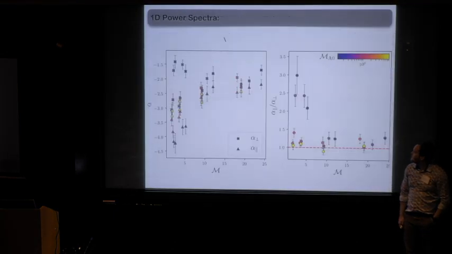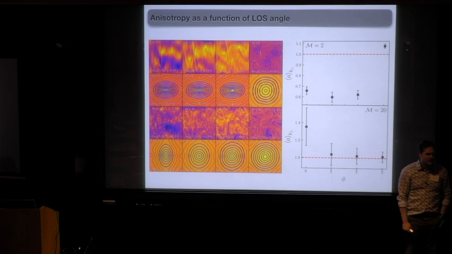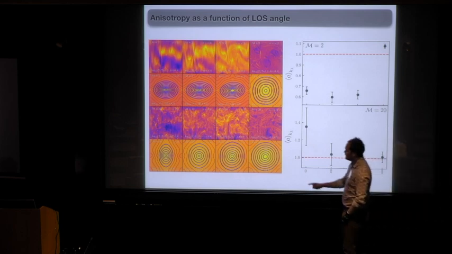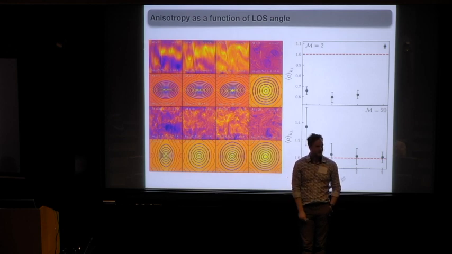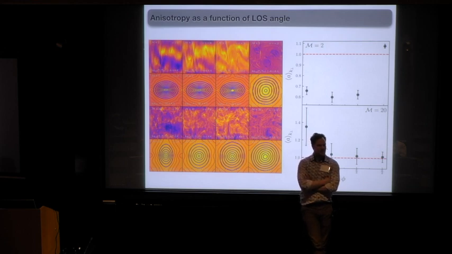Got it. This is what happens with the angle of the mean magnetic field. As the field is coming straight at you, you have an isotropic power spectrum. When it's side on, you have the strongest anisotropy. And I agree, these things are definitely degenerate here, and it's hard to tell. This was more of a sanity check; I'm not trying to measure these numbers at the moment. It's just a sanity check.